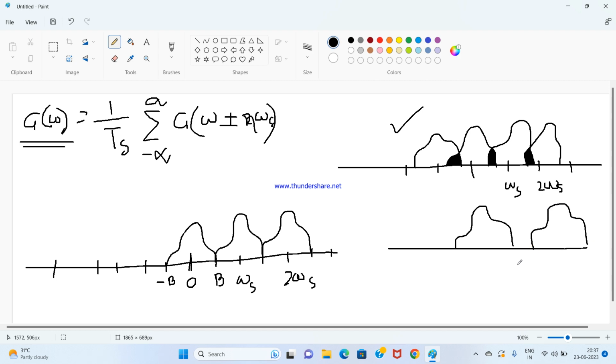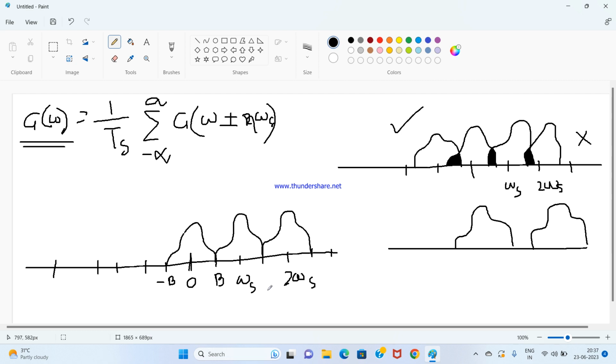This is also good, absolutely no problem. But if they coincide or overlap with each other, this condition is not at all satisfactory to reconstruct the signal, because some area is getting overlapped, the data will be lost, some distortion will come.